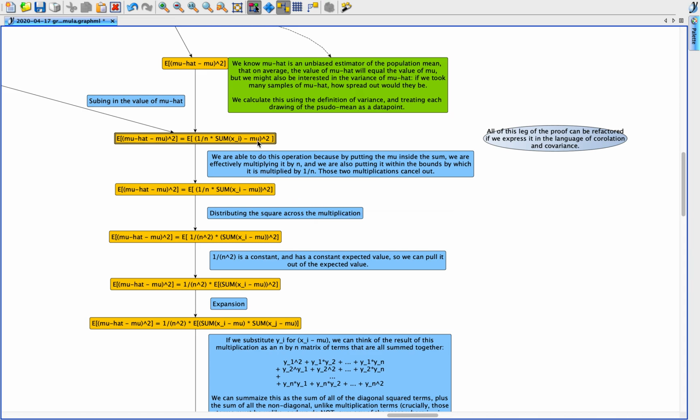So we have this sum, and outside of the sum we have this single term mu. Now, normally, if we were to take a constant and put it inside of a sum, that would be as if we were multiplying that constant n times.